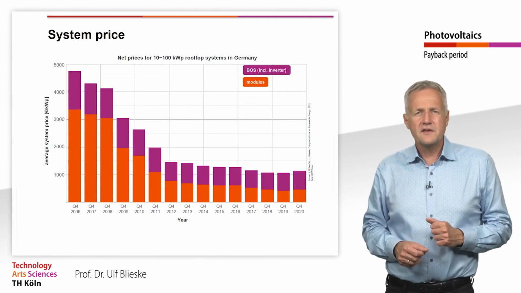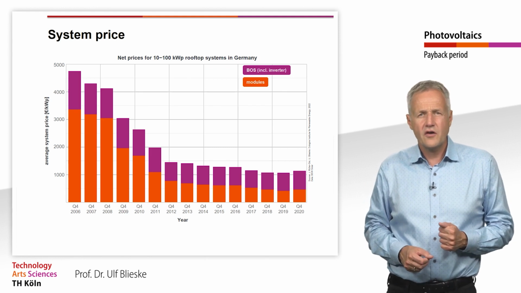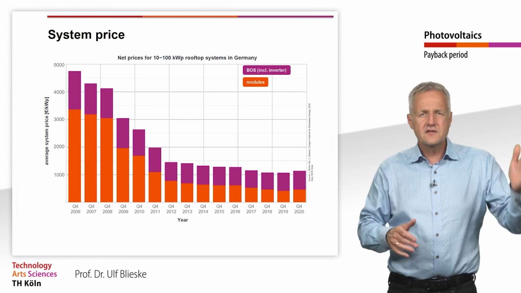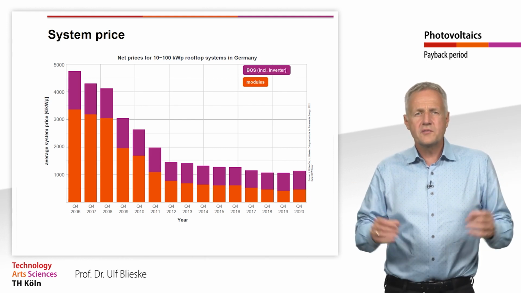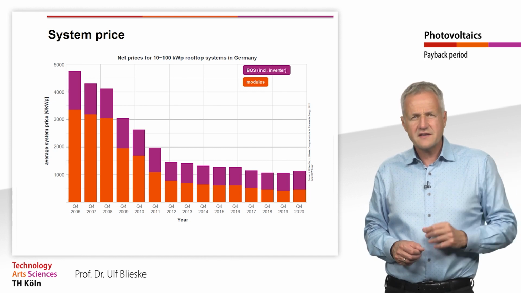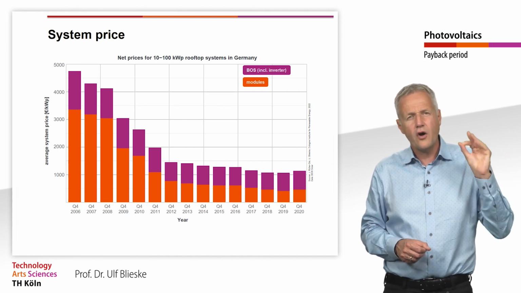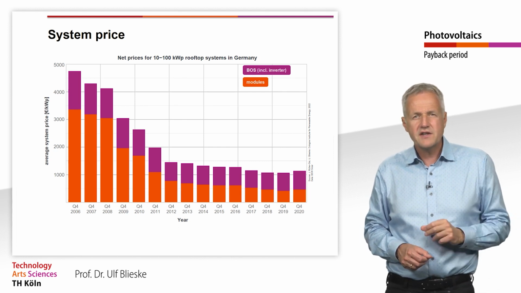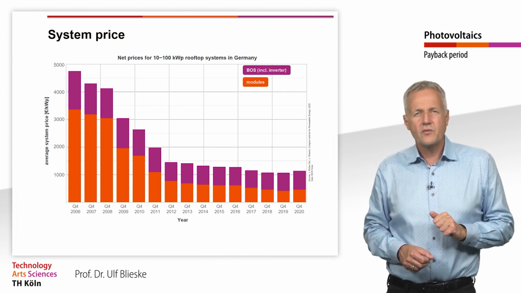Investment costs are the dominant cost component of PV systems. Shown here is the development of system costs for small to medium-sized rooftop systems in Germany. Whereas in 2006 the system price was almost 5,000 euro per kilowatt peak, in 2020 it was only about 1,100 euro per kilowatt peak.